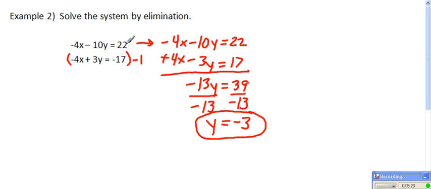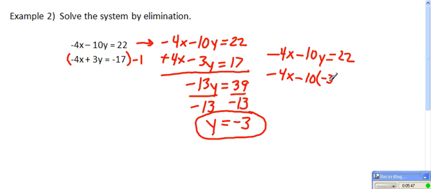I normally like to substitute into the equation that I did not tamper with or change at all, and that's the negative 4x minus 10y equals 22.